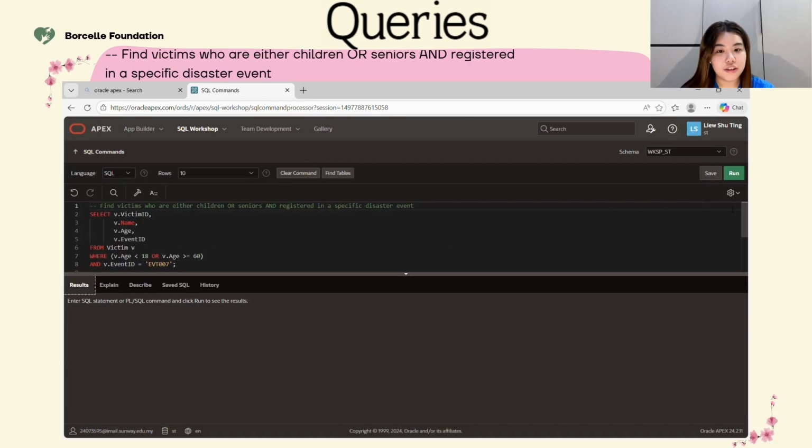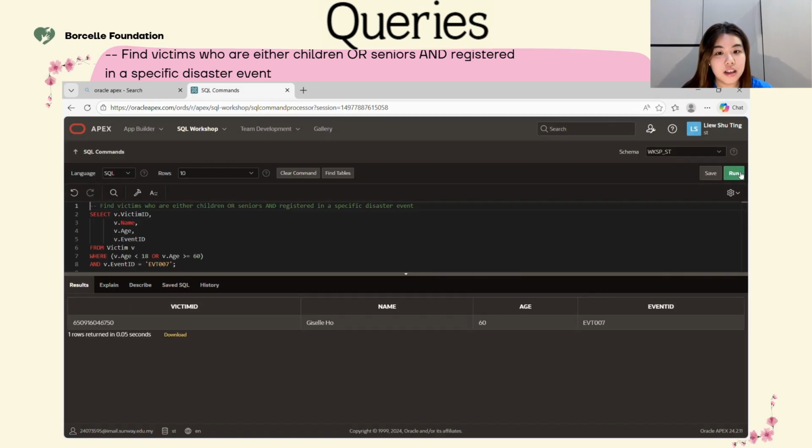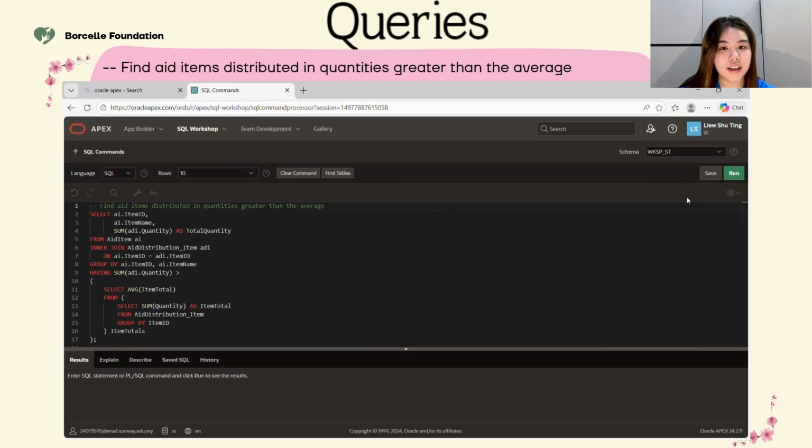Next, we retrieve vulnerable victims, especially children and senior citizens who are registered under a specific disaster event. These age groups are more vulnerable during disaster and typically require priority assistance, medical support, and targeted aid distribution. This query supports better resource planning and victim prioritization.